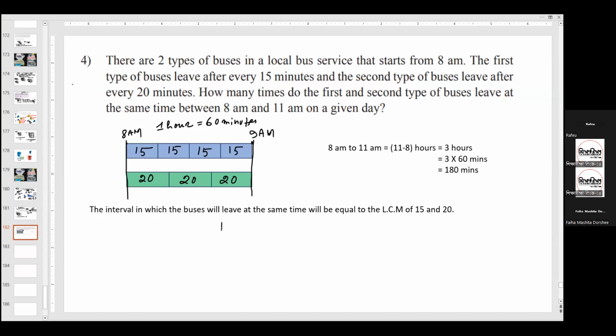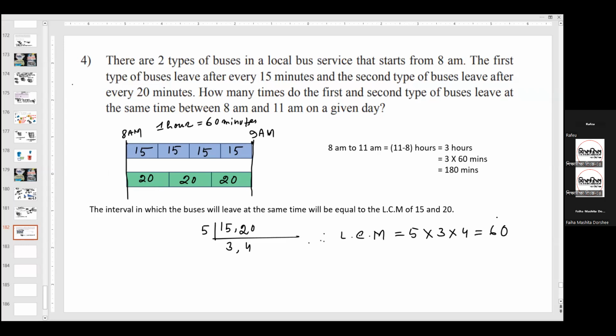Now if you find 15, 20, so 5 times 3 and 4. Therefore the LCM is equal to 5 multiplied by 3 multiplied by 4, which is 60, right?